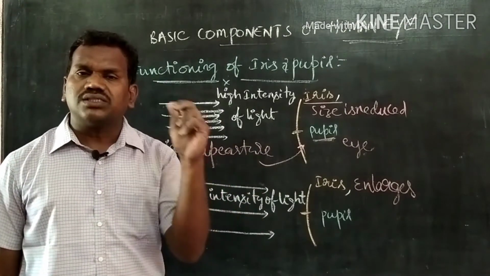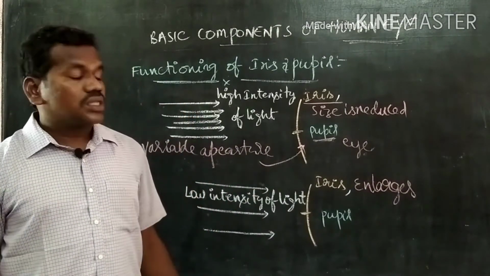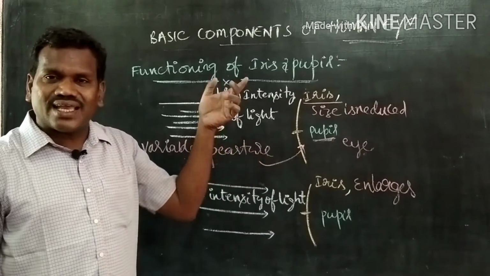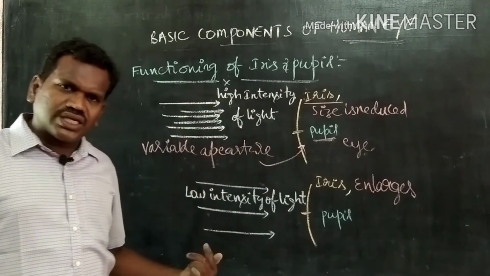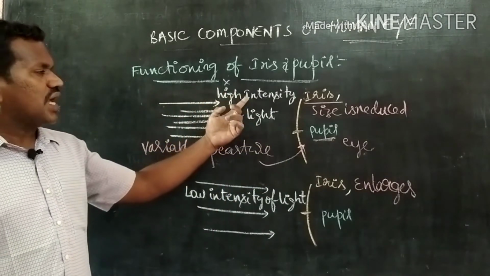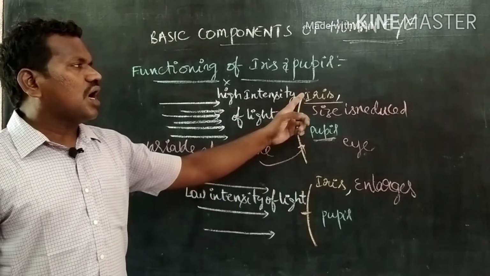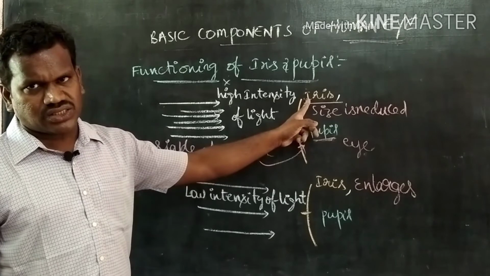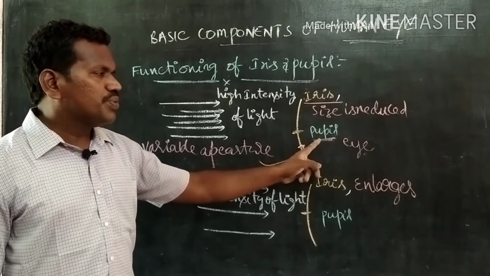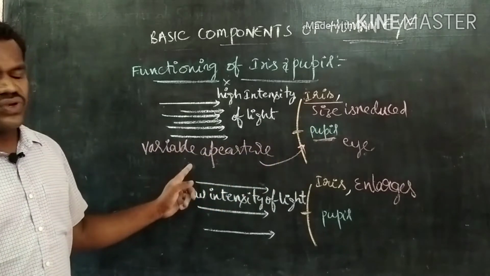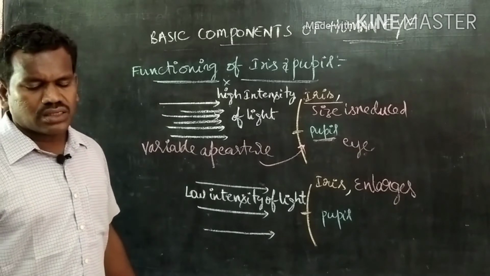Aperture is nothing but a small hole. That small hole's diameter changes depending upon the high intensity or low intensity of the light, under the control of the iris. So the pupil is also called a variable aperture.